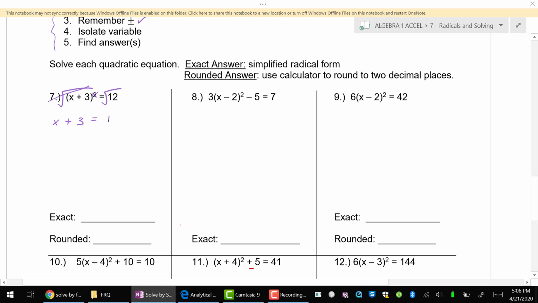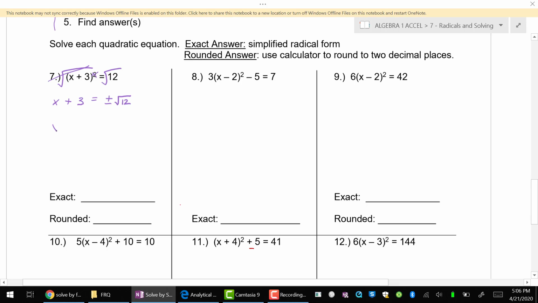On the right, I still have that plus or minus and the root 12. To get x by itself, subtract 3 from the left and the right. So x is equal to negative 3 plus or minus the square root of 12.